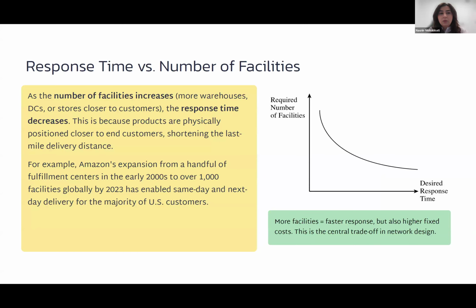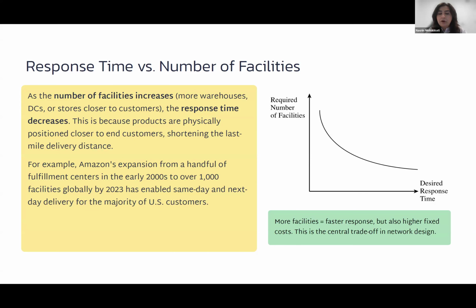So we want to talk about the things that customers value in terms of designing the distribution network. Obviously, some customers do value response time, so fast deliveries, easy access, fast access to the products they want is something they actually value. So how can we actually deliver that response time?